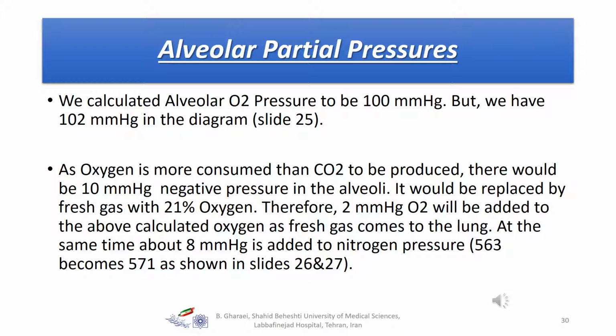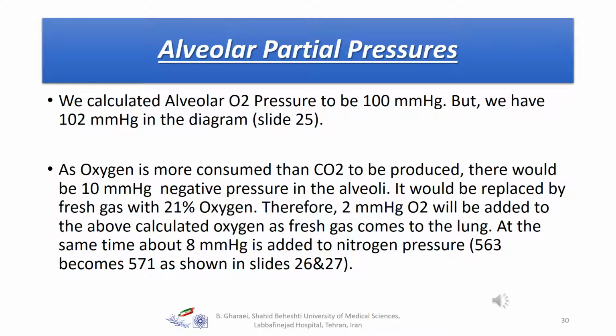Okay, and this slide may be somewhat sophisticated and will not be necessary for you as a medical student to know, but if you are very interested in alveolar gases to know them in detail, then I will recommend you to read this slide as well.